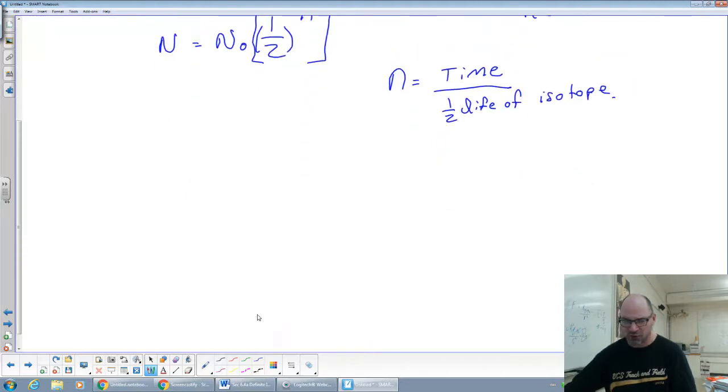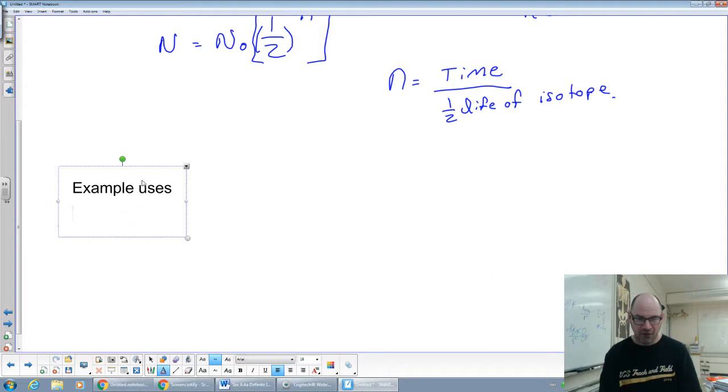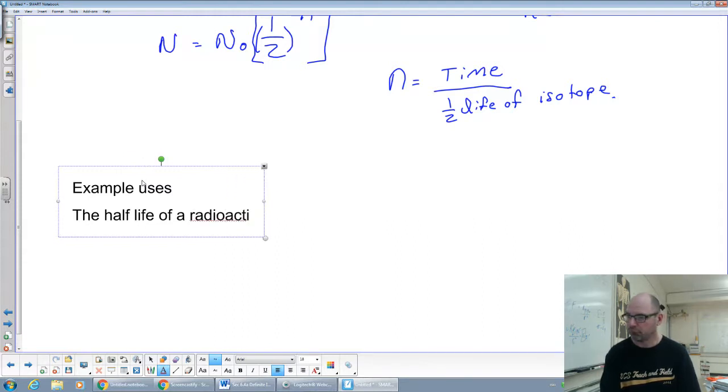So the first example we're going to do is very simple. Okay, let's say the half-life of a radioactive isotope is 2.5 years.